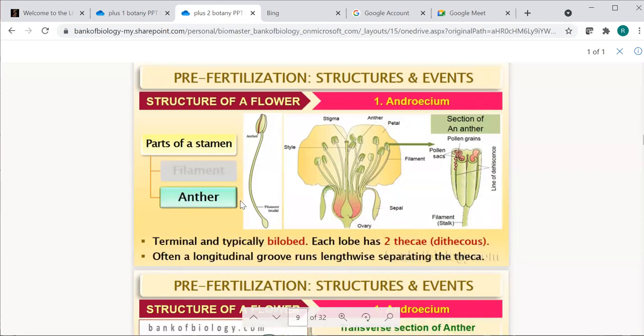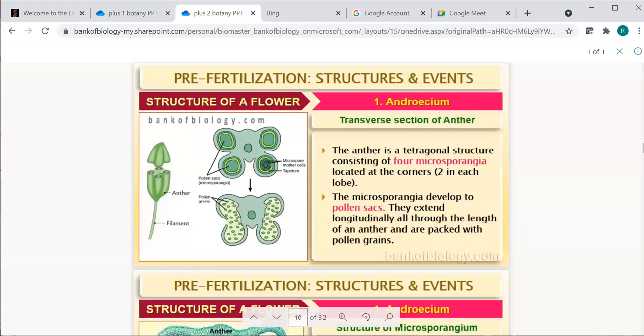We are talking about the anther. It is typically bilobed, that means it has two lobes. It is also called dithecous, which means two coverings. Often a longitudinal groove runs lengthwise, separating the thecae. So we talked about the two lobes of an anther, and each lobe has two microsporangia.